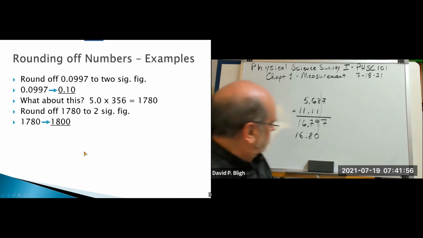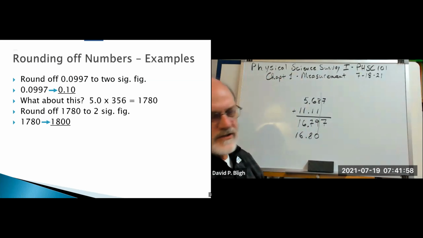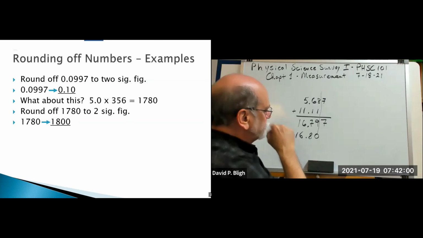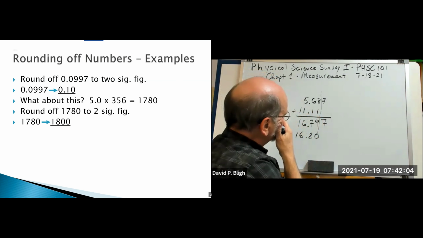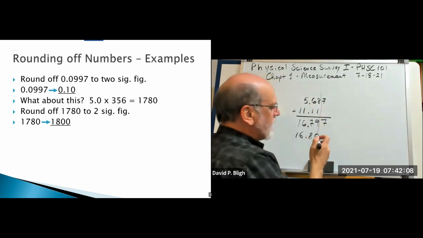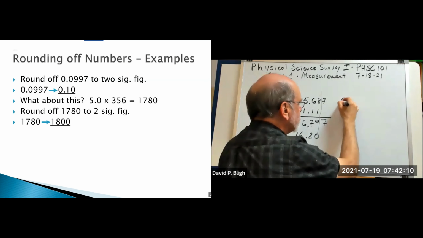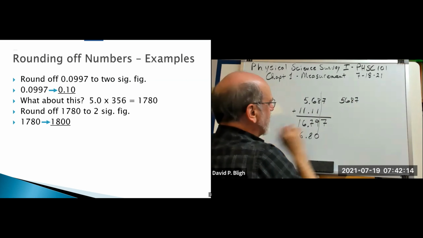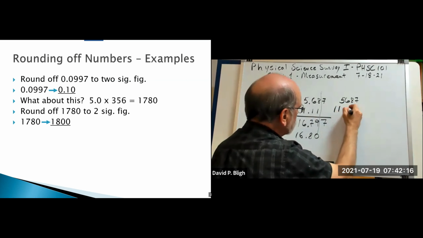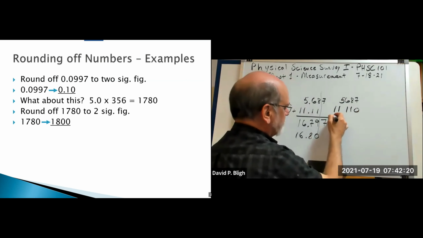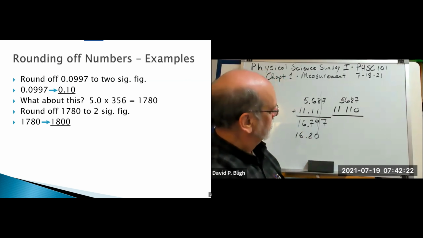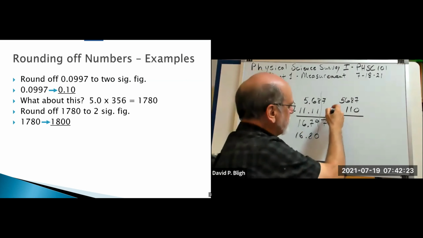What if, here's another possibility. Suppose we have, let's take this as our model and let's write 5687 and 1110. Add those together. Okay.